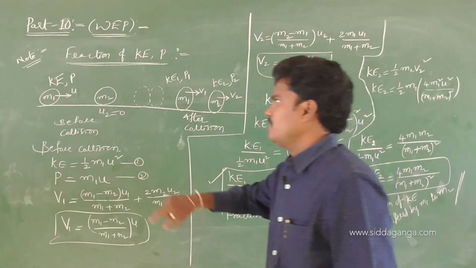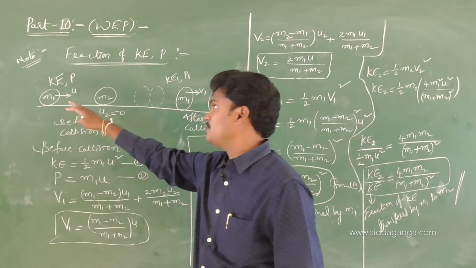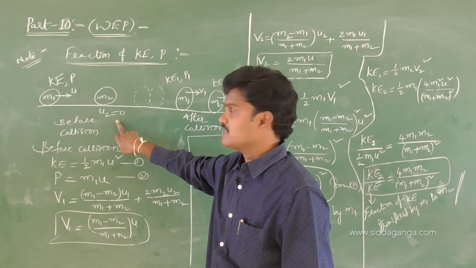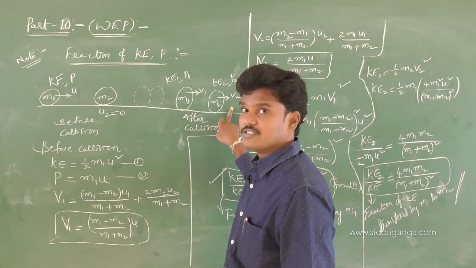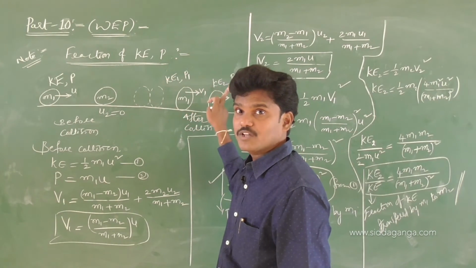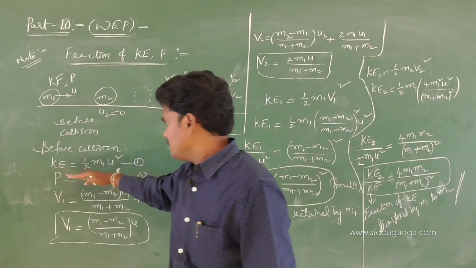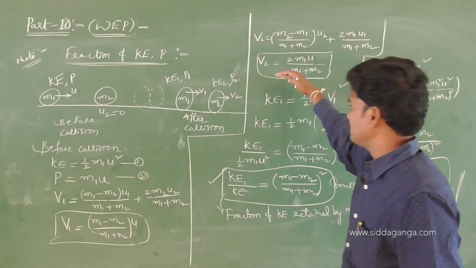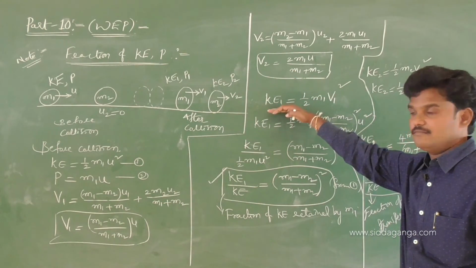So here what I started: m1 particle moves with a speed u, strikes another particle which is at rest. After the collision, v1, v2 are the velocities, KE1, KE2 are the kinetic energies, and p1, p2 are the momentums. Then I wrote what happened before the collision and calculated v1, v2 values after the collision. Then KE1 I wrote.